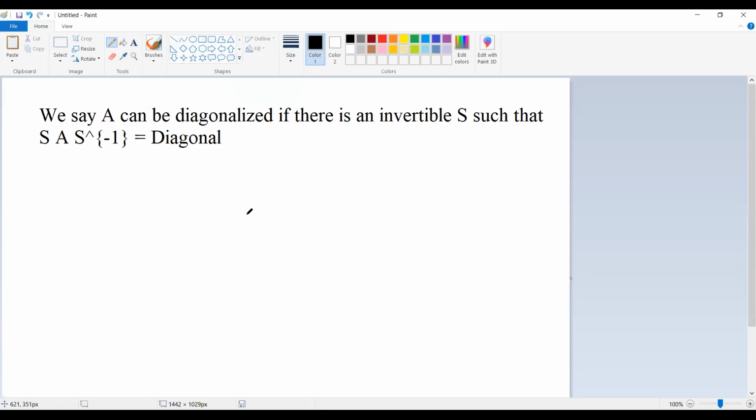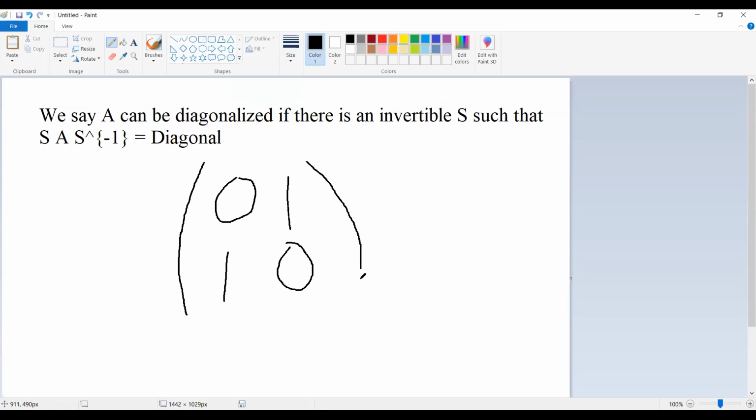Why do you need positive determinant? Because otherwise, well, every diagonal matrix has positive. Oh, actually, no, it doesn't. Never mind. What if you had a 2 by 2 matrix, 0, 1, 1, 0? What are the eigenvalues of this matrix?